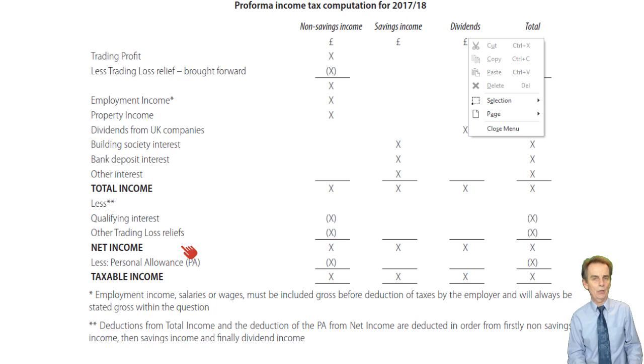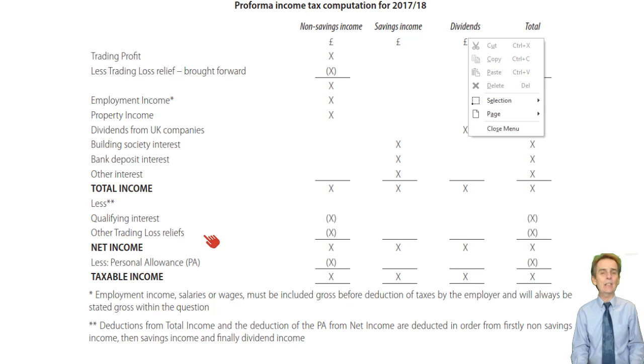So there are 2 points on our income tax computation where these loss reliefs may apply. Either with a brought forward loss directly against the trading profit assessment of this period, or for other loss reliefs, we'll see they are losses made either in the current year or indeed in the following year, or possibly even in an even later tax year than that, but have been brought back to this year. They go against total income. Here, those other trading loss reliefs.